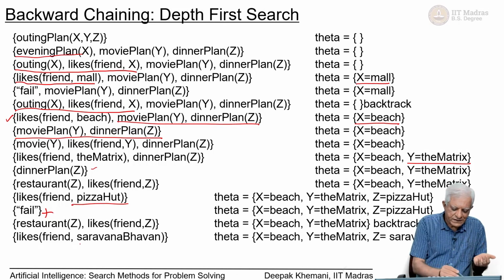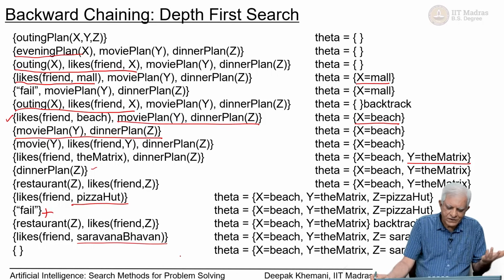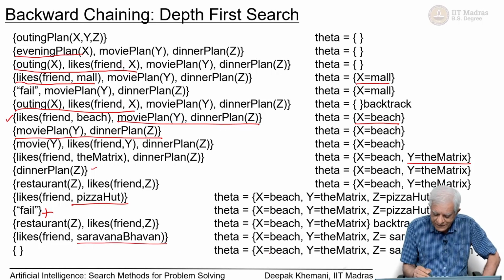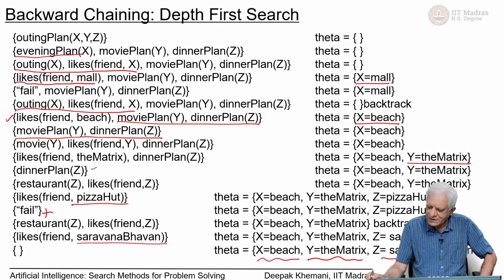So, then you try the Saravana Bhavan and that succeeds, and that goal is satisfied. Your goal set has become empty. So, you have solved the problem. What is the solution? The solution is hidden in the substitution, that X must be the beach, Y must be the film matrix, and the restaurant must be Saravana Bhavan.